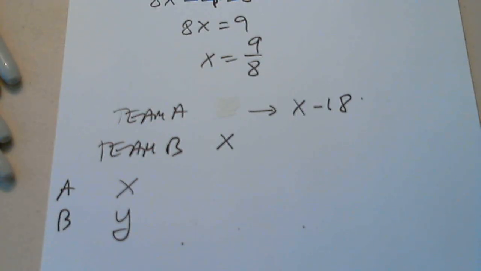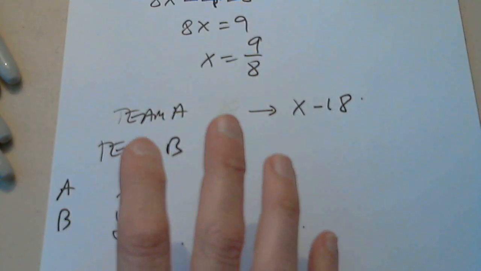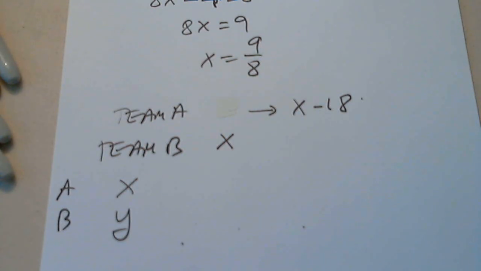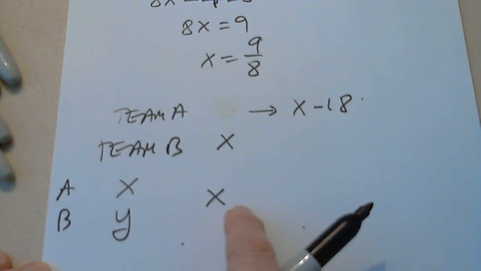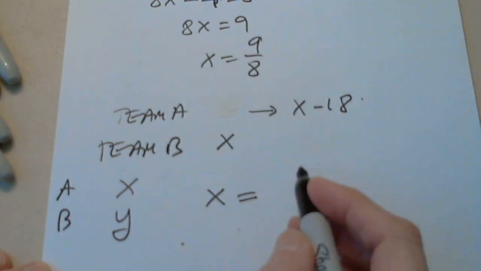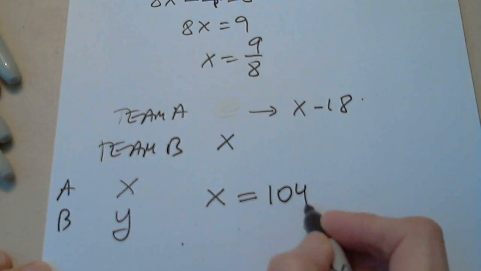Let's read it again. The value of the exports of country A is 10 times the value of the exports of country B. This is X times 10, so X equals 10Y.